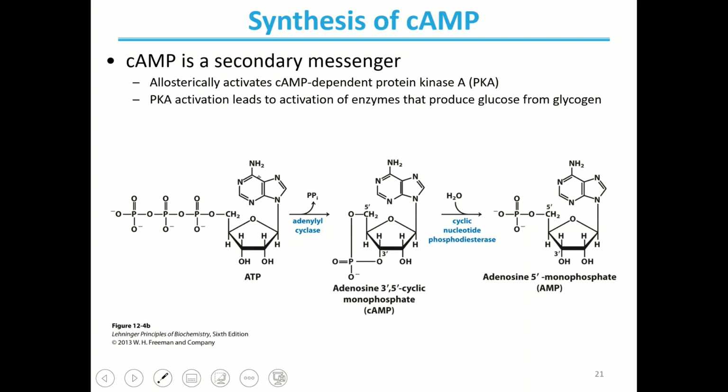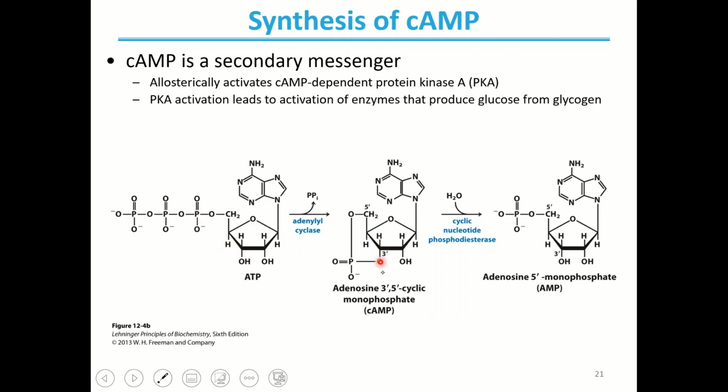So cyclic AMP is a pretty interesting molecule. It's made from ATP, and the adenylyl cyclase enzyme cuts off the 2 phosphate groups and leaves an AMP, but it also catalyzes the formation of a bond between this first phosphate, the alpha phosphate, and the OH group on this ribose sugar in the ATP to make a cyclic structure.